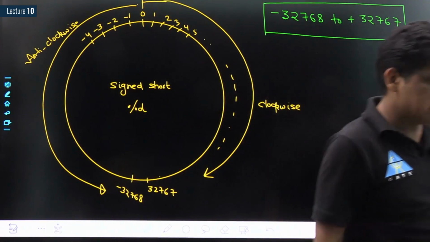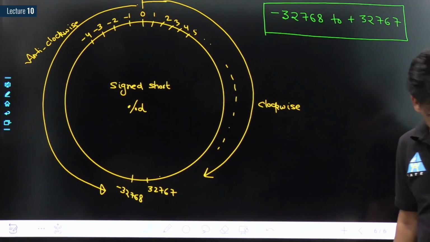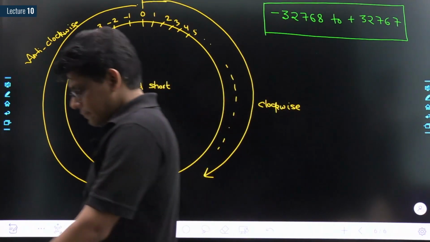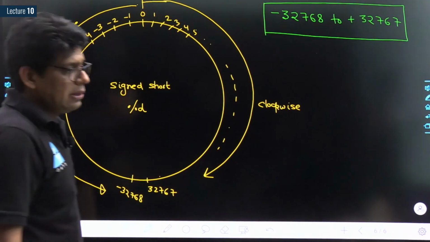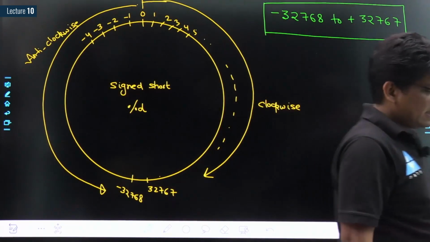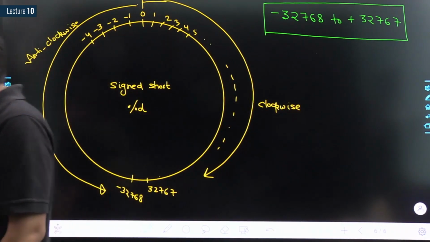This is a very useful and very important concept, the cyclic property. Most students skip it, thinking it is not important from an examination point of view, but it is very important, because GATE is all about concepts and their application.